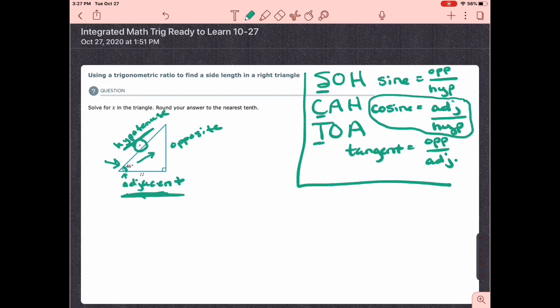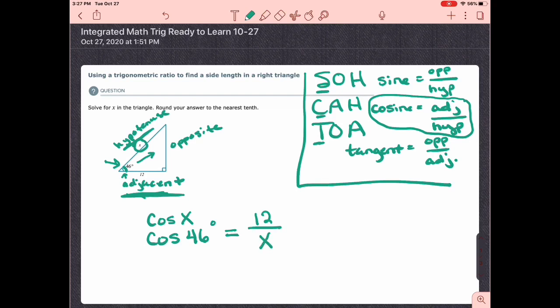So we know that the cosine of our angle, which happens to be 46 degrees, in fact, let's just write it like that. The cosine of 46 degrees equals the adjacent, which happens to be 12, over the hypotenuse, which happens to be x.